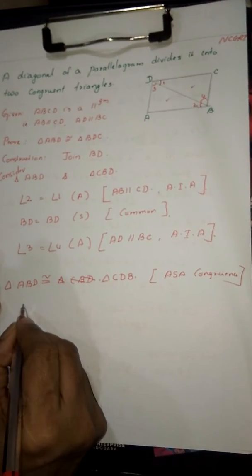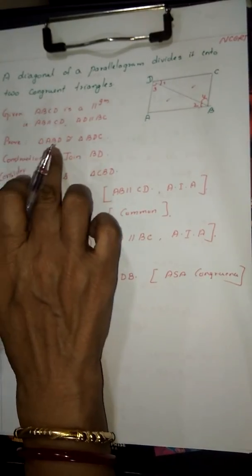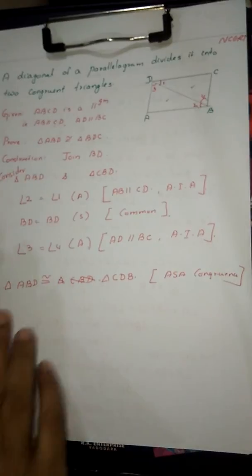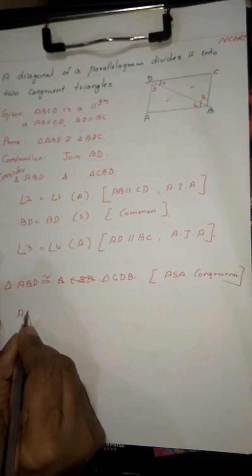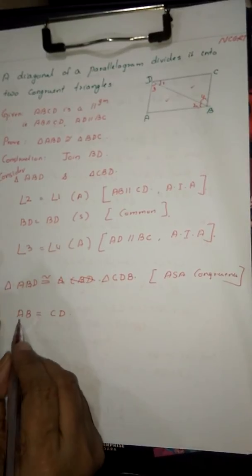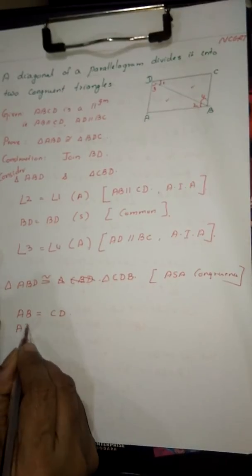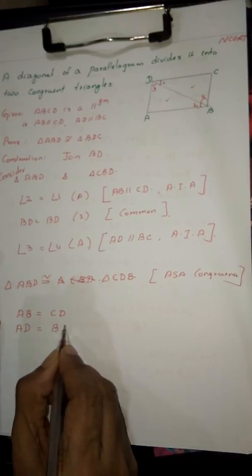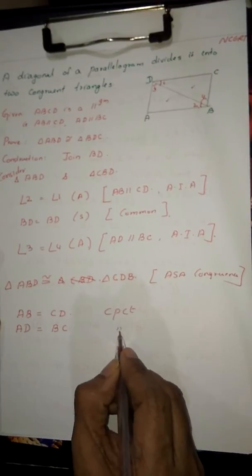Now from this we can write AB is equal to CD and AD is equal to BC. That is CPCT, that is, congruent parts of congruent triangles.